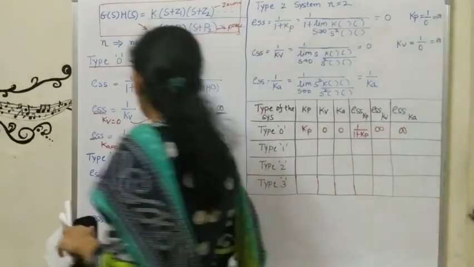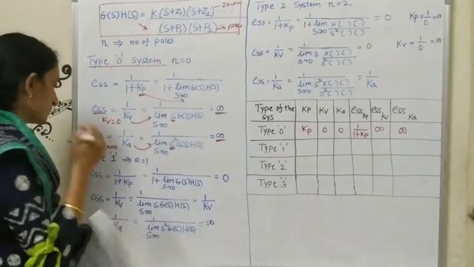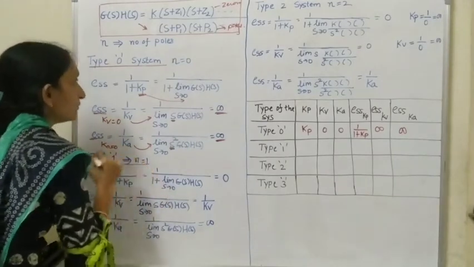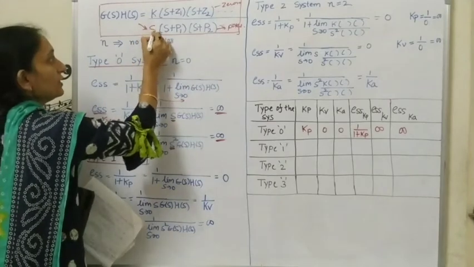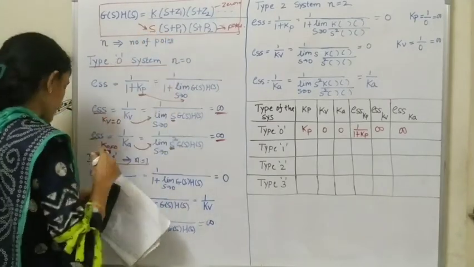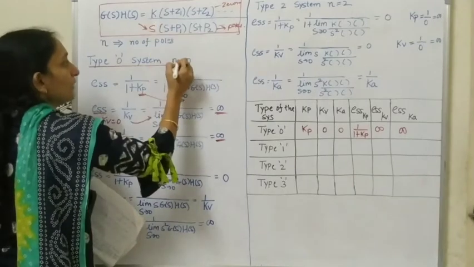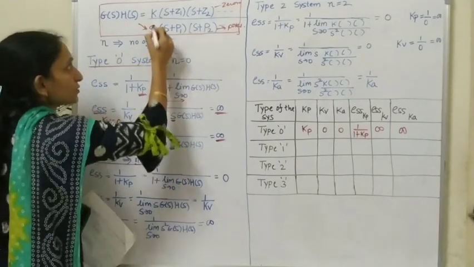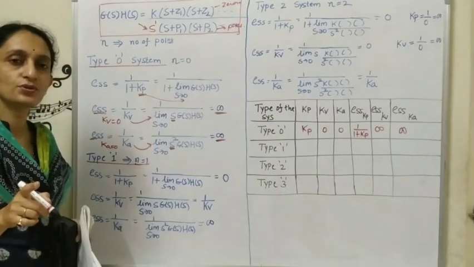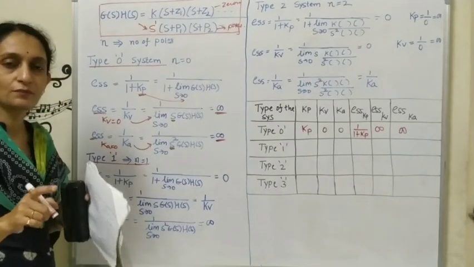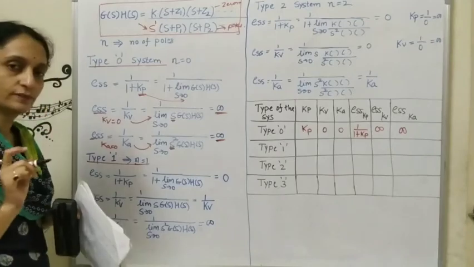Now let's see the type 1 system. For the type 1 system, I need to put n equal to 1, so this term here is s raised to power 1. So what is your conclusion? This is a type 1 system because one pole is at the origin.